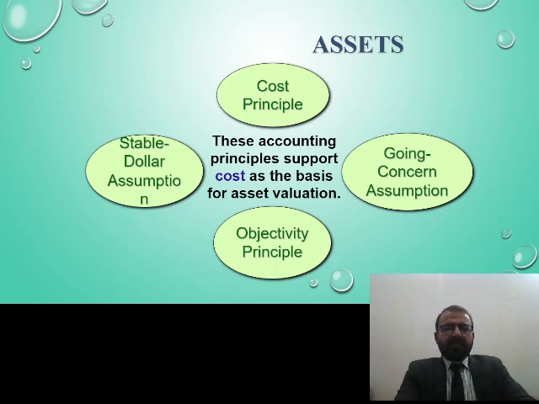We have basic asset valuation accounting principles. The first is the cost principle, the second is the going concern assumption, the third is the objectivity principle, and the fourth is the stable dollar assumption.